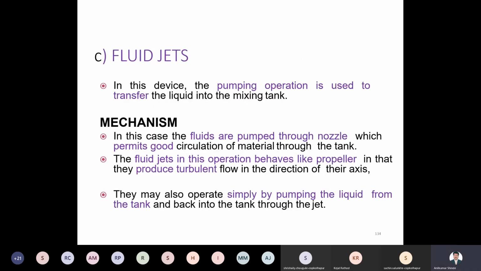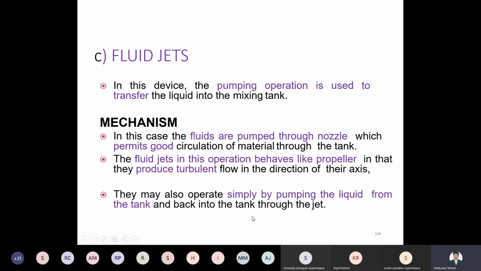This is also called a fluid jet. With the fluid jet, a pumping operation is used to transfer the liquid to the mixing tank. If you want to transfer liquid from one tank to another tank, you can use pumps. The main mechanism of the fluid jet is that the fluid is pumped through a nozzle.